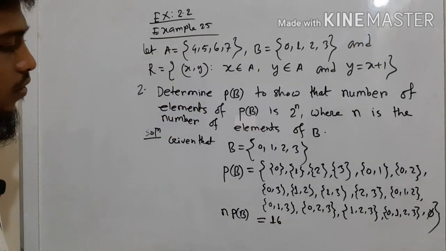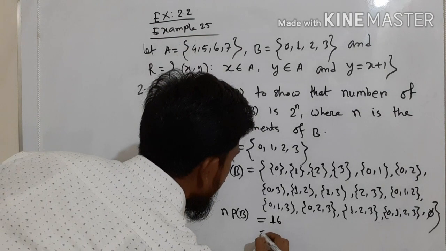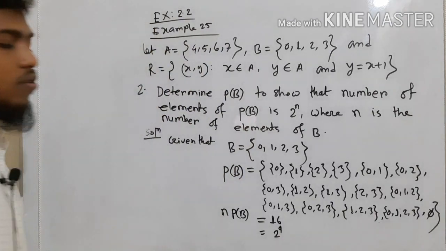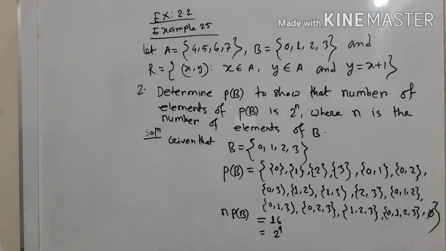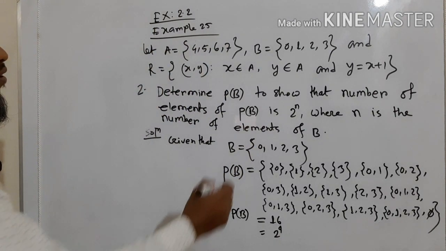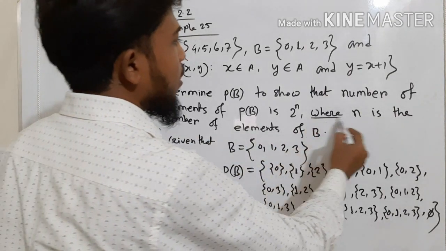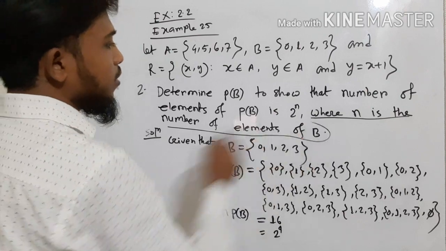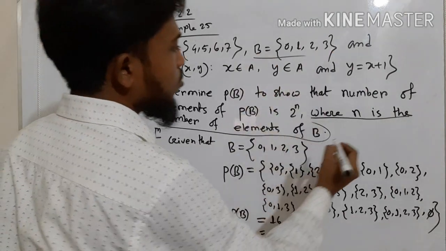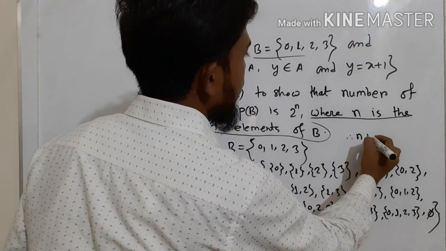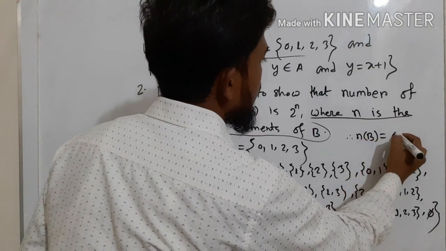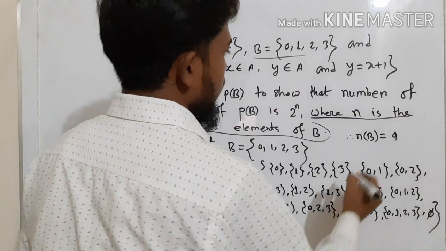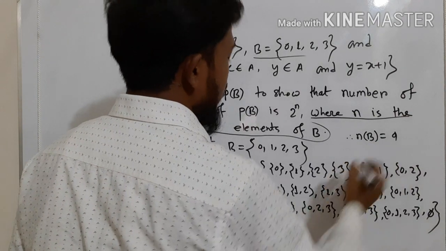So we can write 16 equal to 2 to the power 4. Our condition: n is the number of elements of B, and the number of elements of B equal to 4.